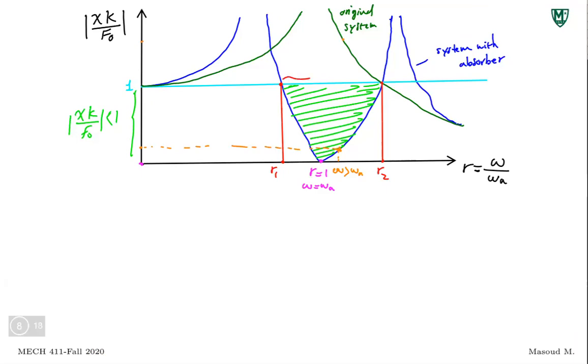This range is called the bandwidth of operation. That is the bandwidth in which the absorber operates well and does the job it's supposed to do. The closer you are to R equals 1, or omega equal to omega A, the better, but you can deviate a little bit. So let me give you a good definition of that.